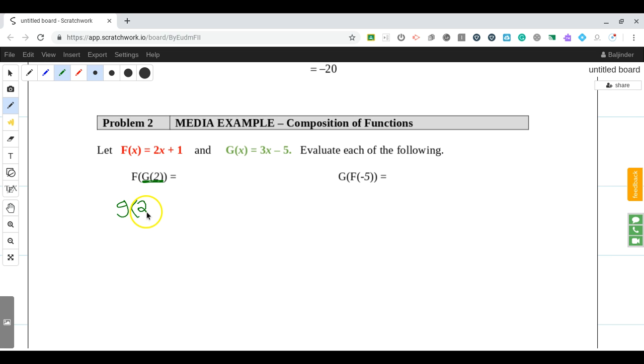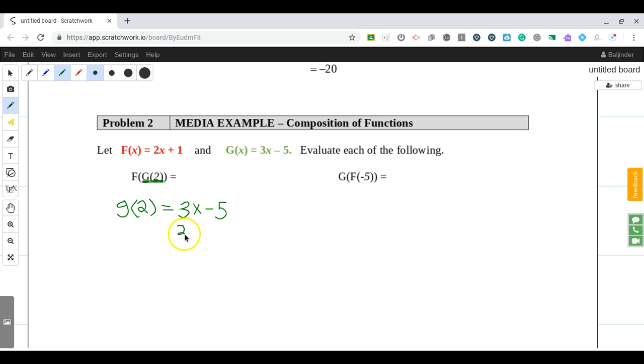So I'm finding g of 2, okay? And I'm going to use the g function, which is over here, 3x minus 5. Notice that I color-coded the function for you, so it'll be easier for you to recognize the g function. That's our g function. Now again, remember, we're finding g of 2, so we're going to replace x with 2.